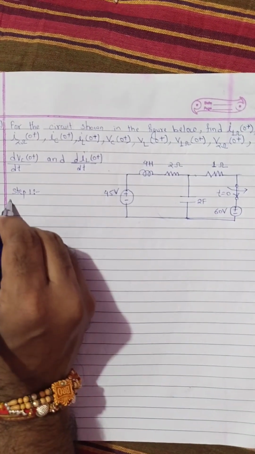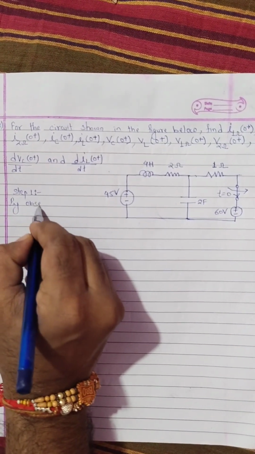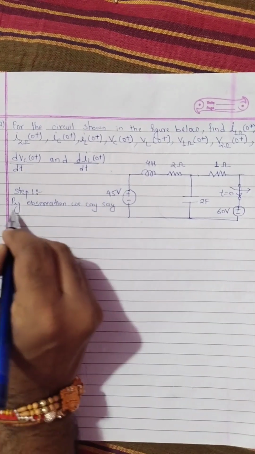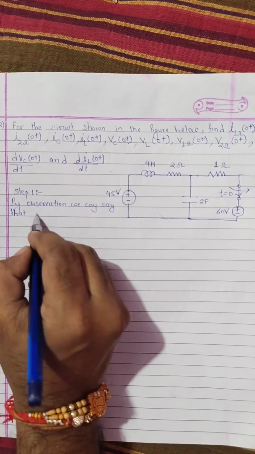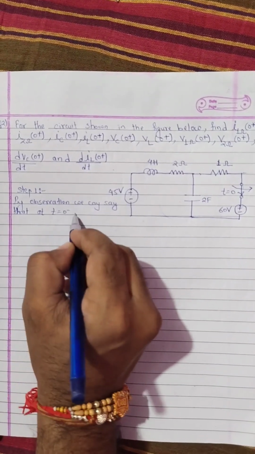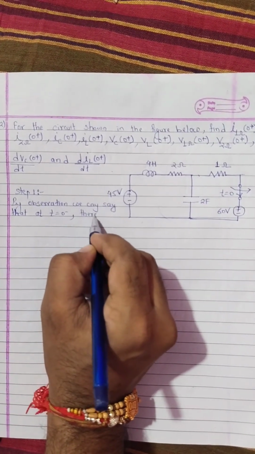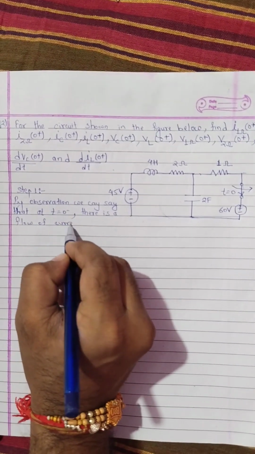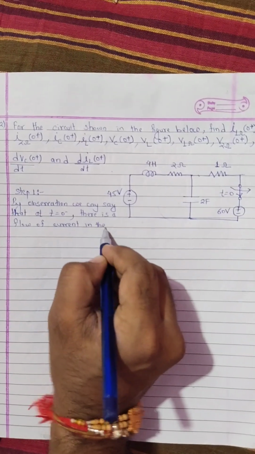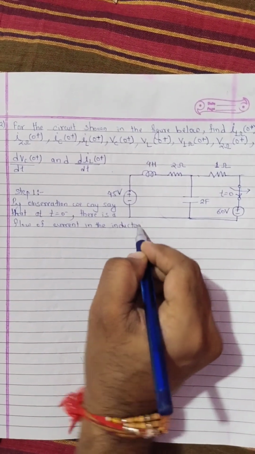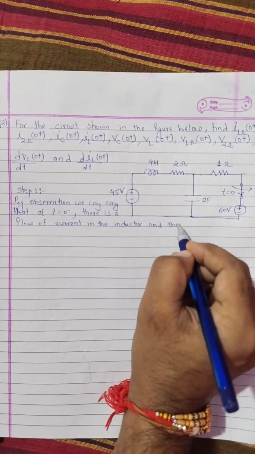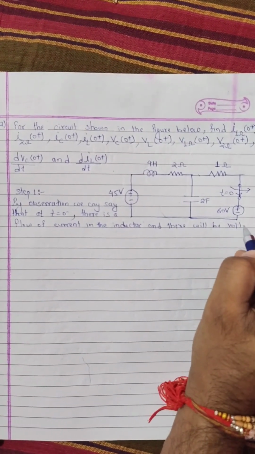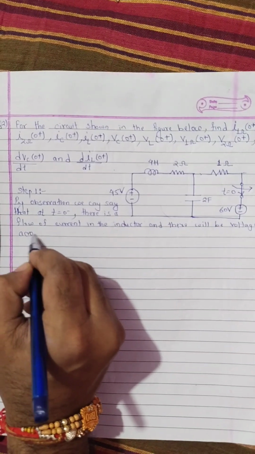So by observation, we can say that at t equals 0 minus, there is a flow of current in the inductor, and there will be voltage across the capacitor.